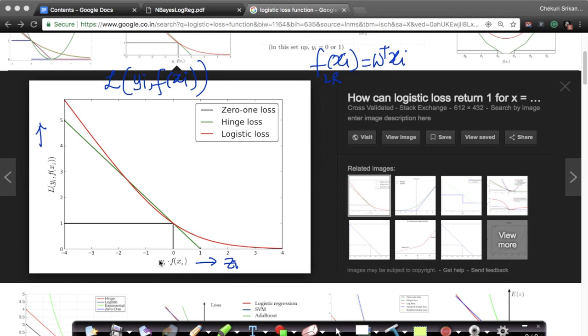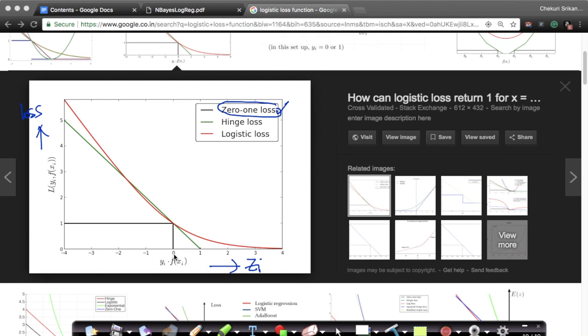Having known this, this is your zi, this is your loss, right? The black line that you see here is your 0-1 loss, as mentioned here, because whenever your zi, or yi f of xi, is positive, it gives you a value of 0.